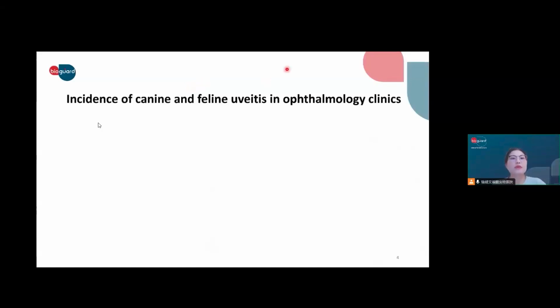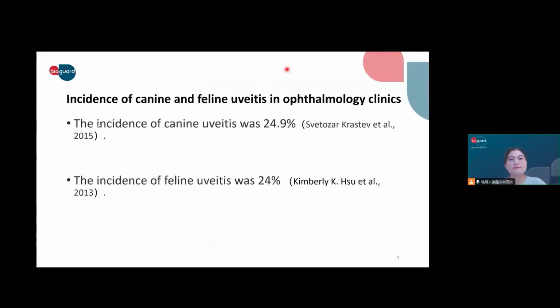Before we go into the case information, let's first understand the incidence of canine and feline uveitis in ophthalmology clinics. The incidence of canine uveitis was 24.9%, and the incidence of feline uveitis was 24%.